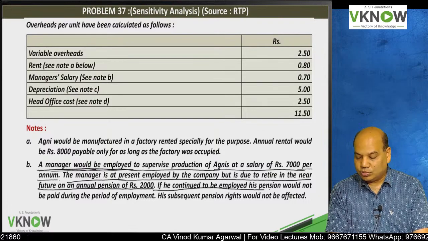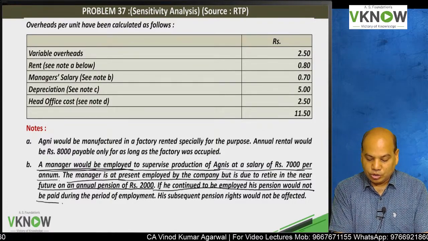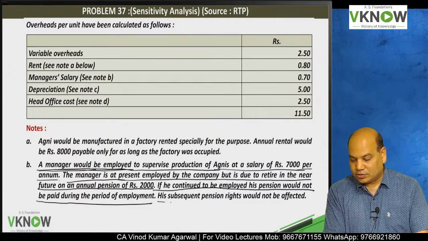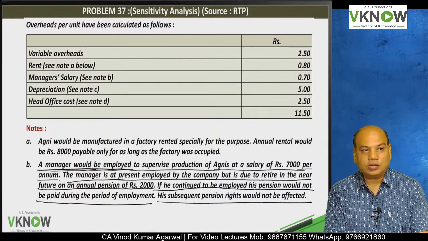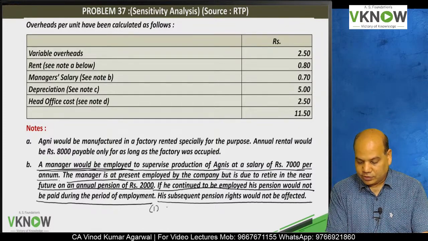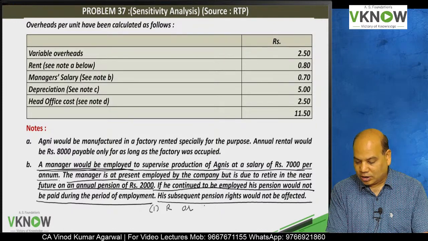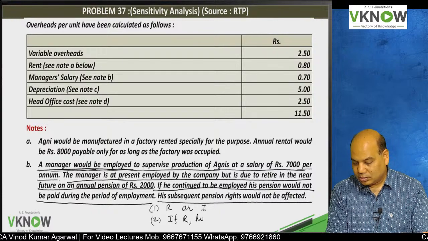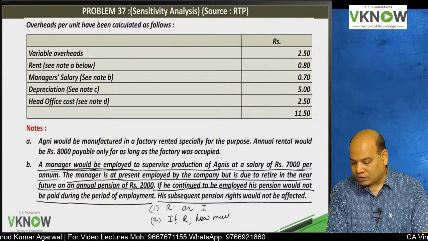If he continued to be employed, his pension would not be paid during the period of employment. His subsequent pension right would not be affected. My question is, first, is it relevant or irrelevant? Second question, if relevant, how much amount is relevant?